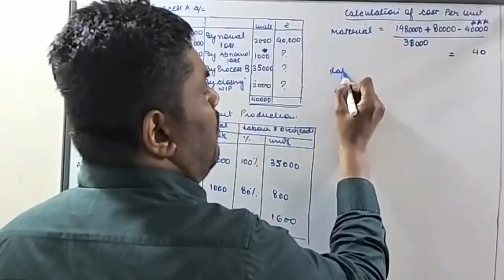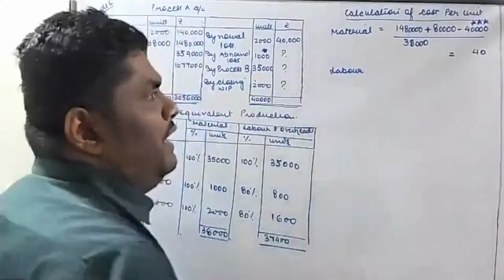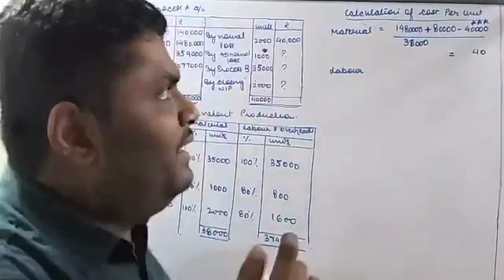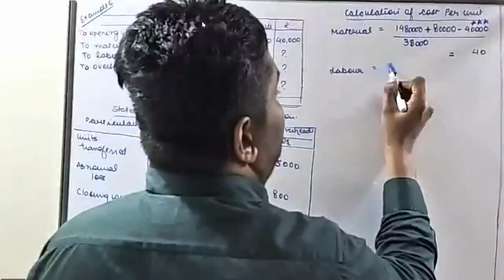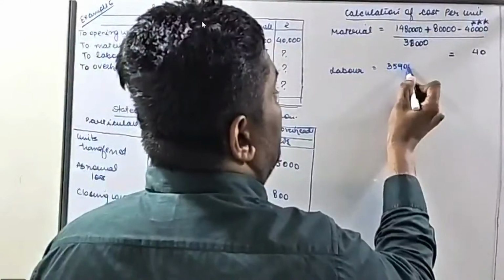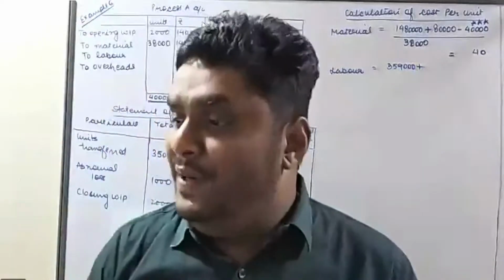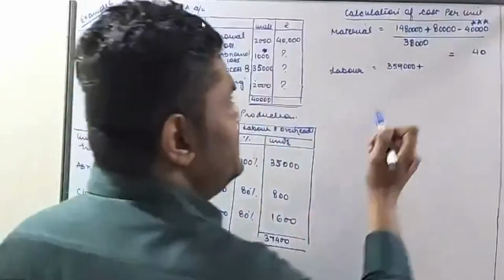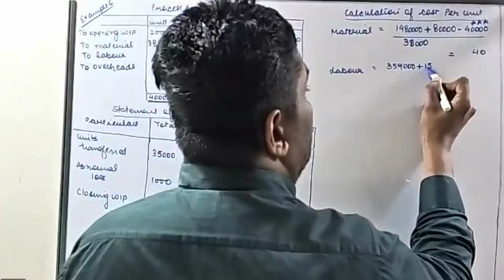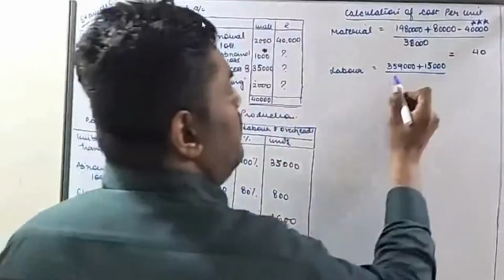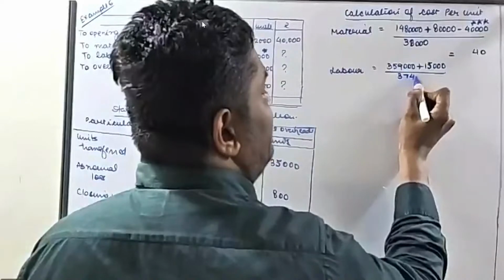When talking about labor cost, again, the cost that is incurred during the year, that is 3,59,000, plus the cost incurred in the previous year, that is 15,000, whole divided by equivalent number of units, that is 37,400.